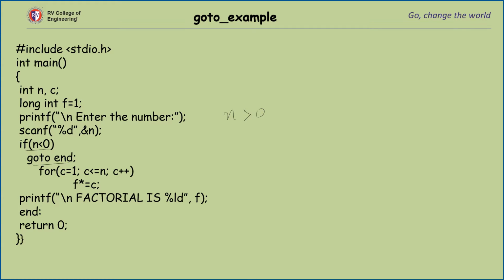Here I have specified the keyword goto followed by the label end. So the goto statement gets the control to this point. After this, I have a return 0 statement, and my program terminates. Now if the user enters a number greater than 0, these statements will be executed and the factorial of the number is computed.